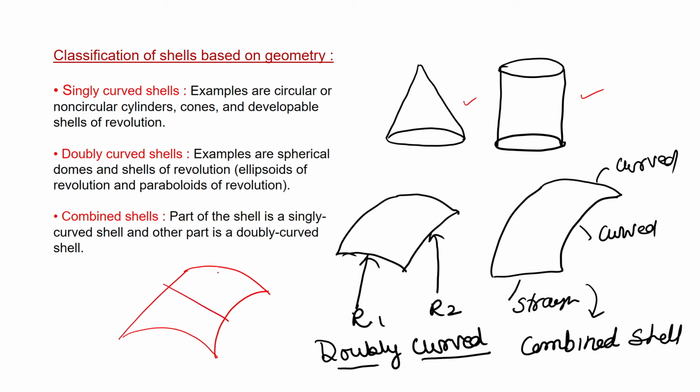If we are talking about a cylinder with a spherical dome above it, then up to here it is a singly curved surface and the dome is a doubly curved surface. So, in this way it will be combined, and if we want to study it, we have to consider these things.